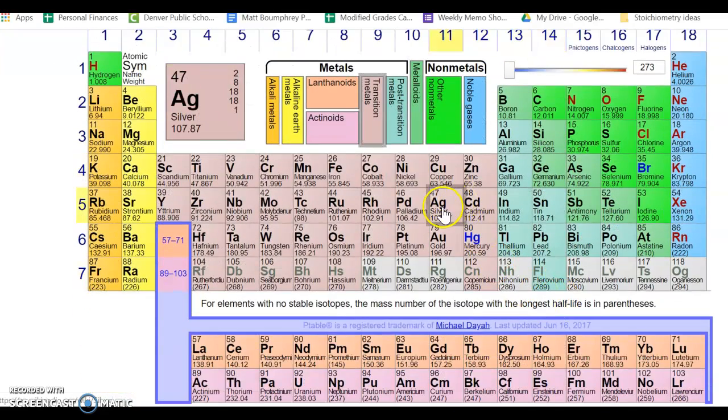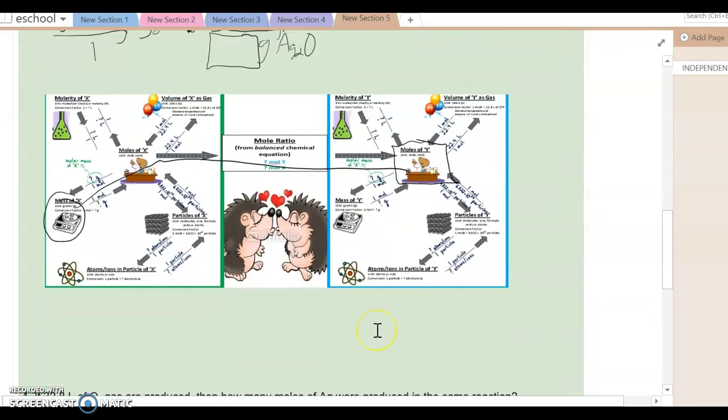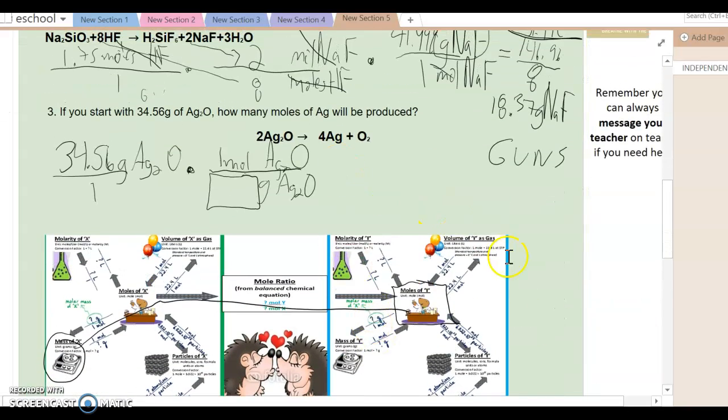So here's Ag, 107.87. I have 2 of them, and then O, which is 15.99. I'm going to be lazy. I'm going to put 16. So yeah, it's going to be kind of my cheat move there. Alright, so now I have to do some math.